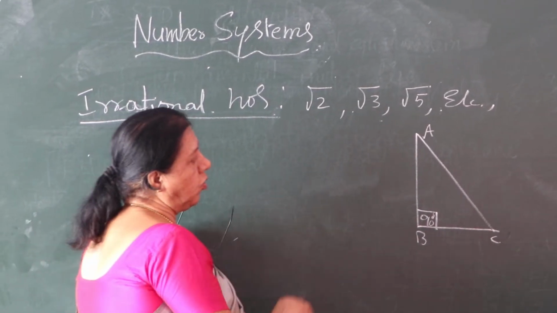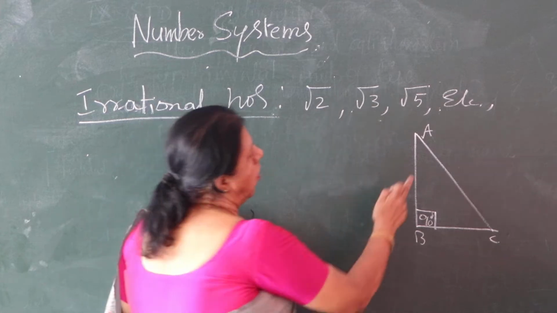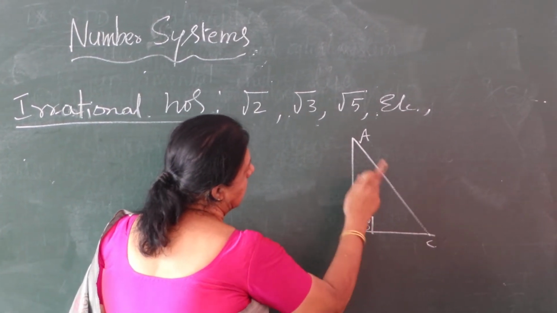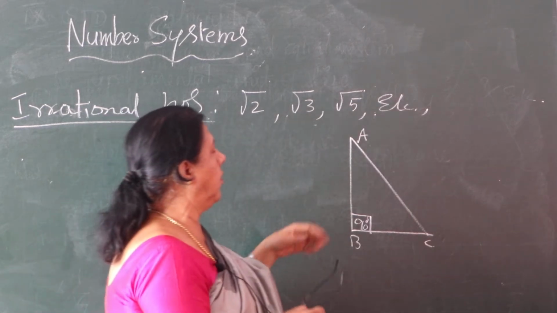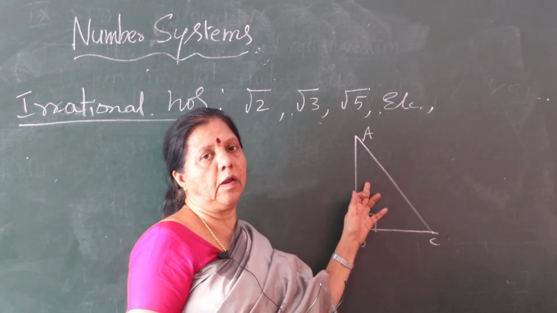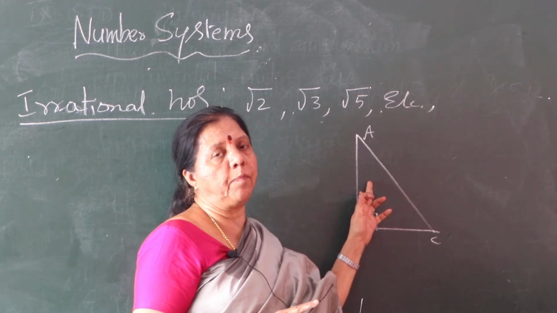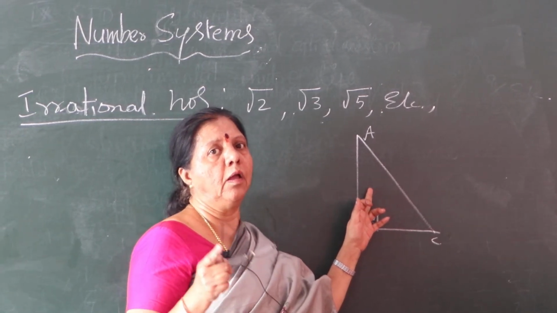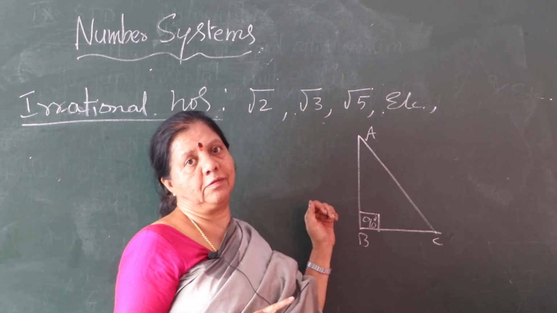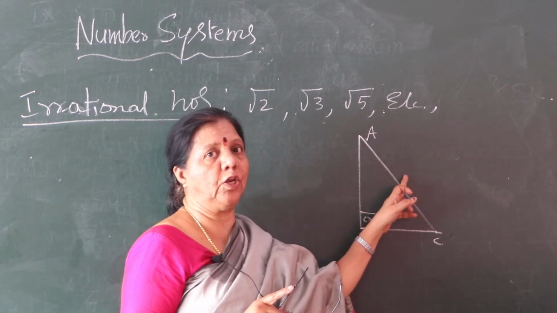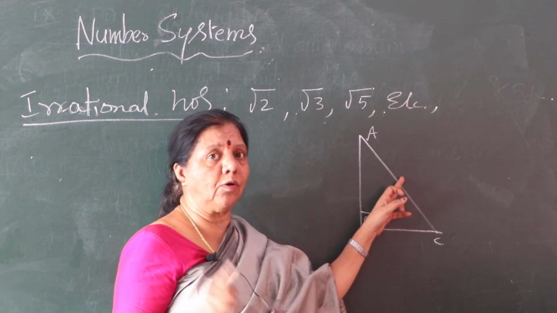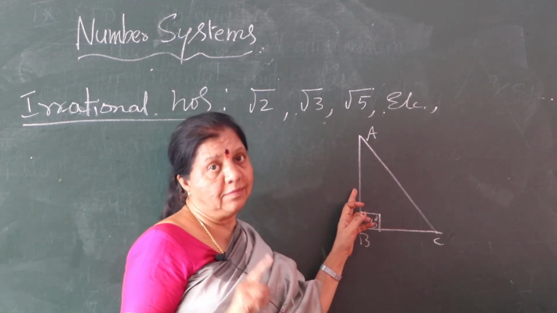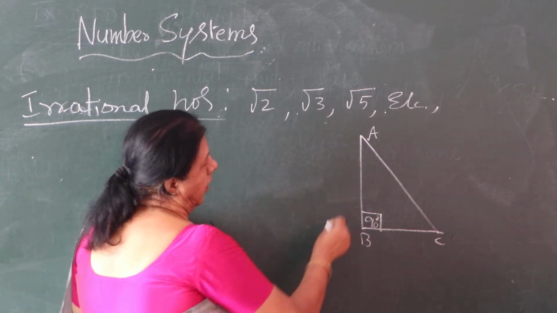So now we are using the Pythagoras theorem. In the Pythagoras theorem, the square of the hypotenuse is equal to the sum of the squares of the remaining two sides. So I will write the formula.